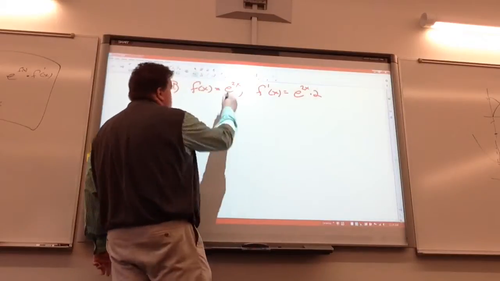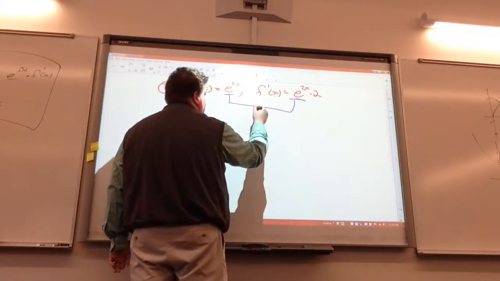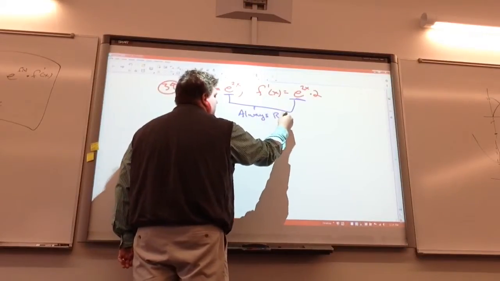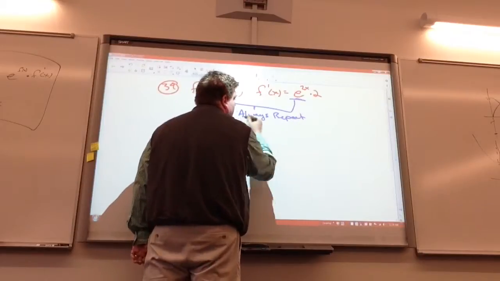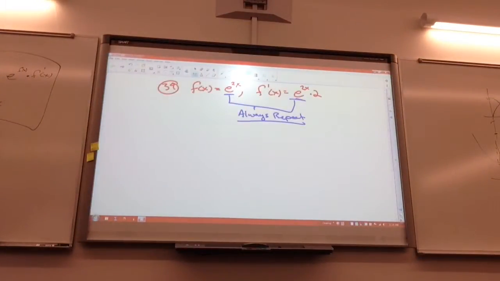So notice, these always repeat. They always repeat when you're doing a derivative. They also always repeat if you're doing an integral. It's just the nature of how e works.